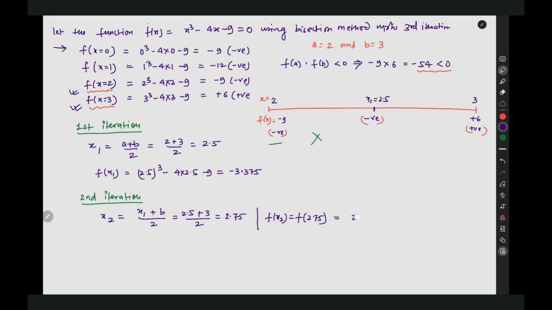It will be 2.75 cube minus 4 into 2.75 minus 9. So this value we will get is plus 0.79685. So we have got the midpoint here, and this value is coming to be a positive value.